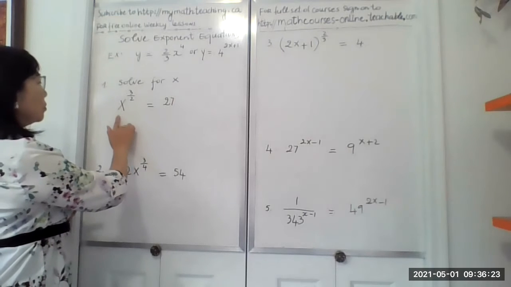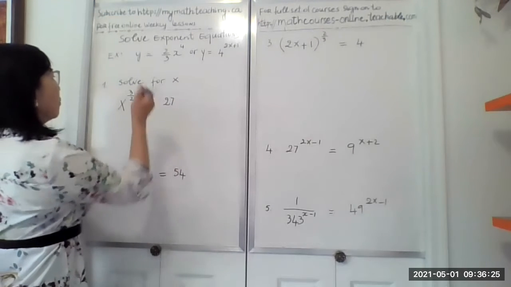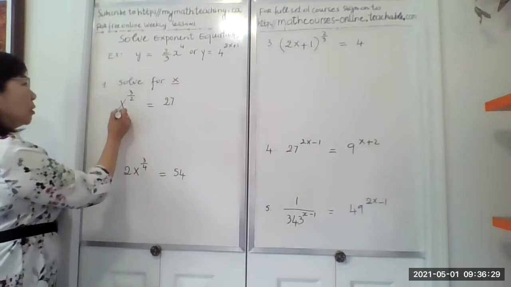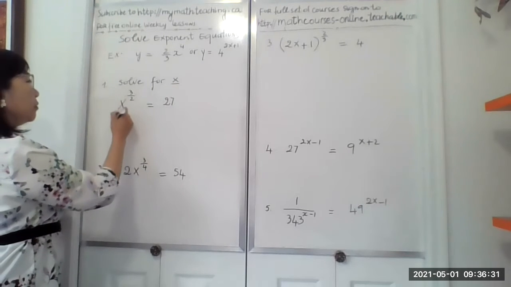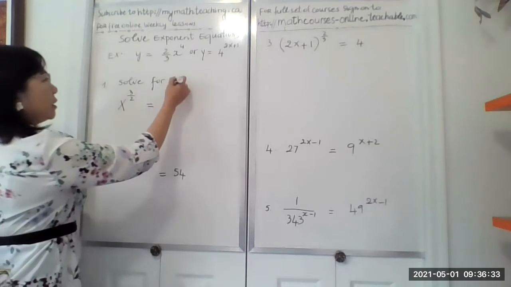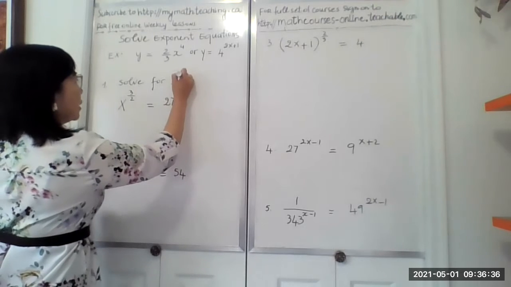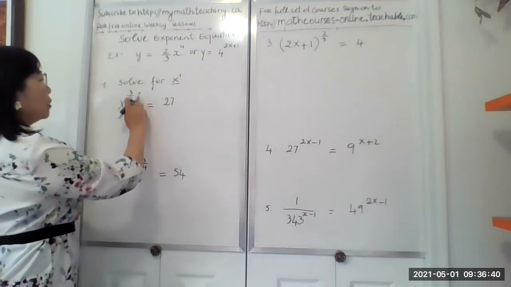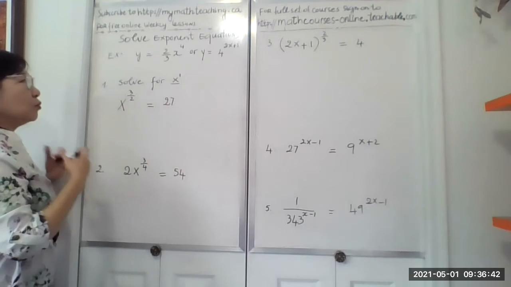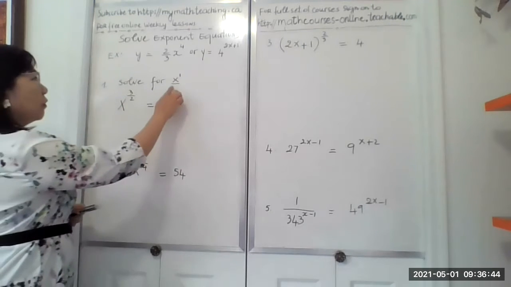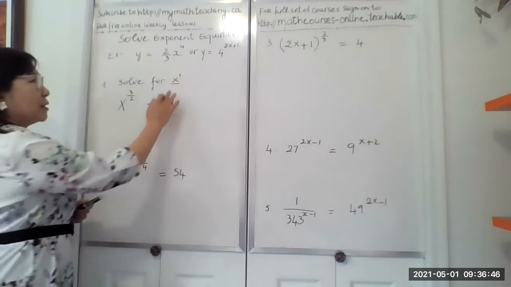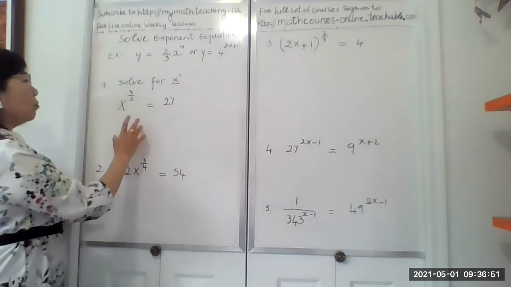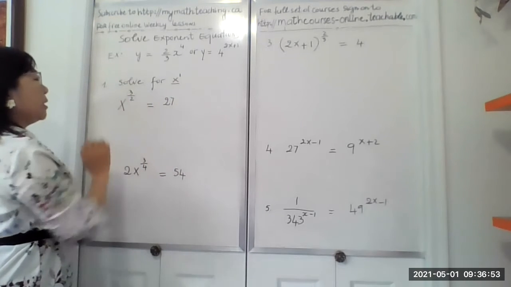First, you know that we want to solve for the x variable. If we solve for x, actually it is x to the power 1, but here we have x to the power 3 over 2. So to solve for x, we want x to the power 1, because x to the power 1 is just x. How do we get rid of the power in here?